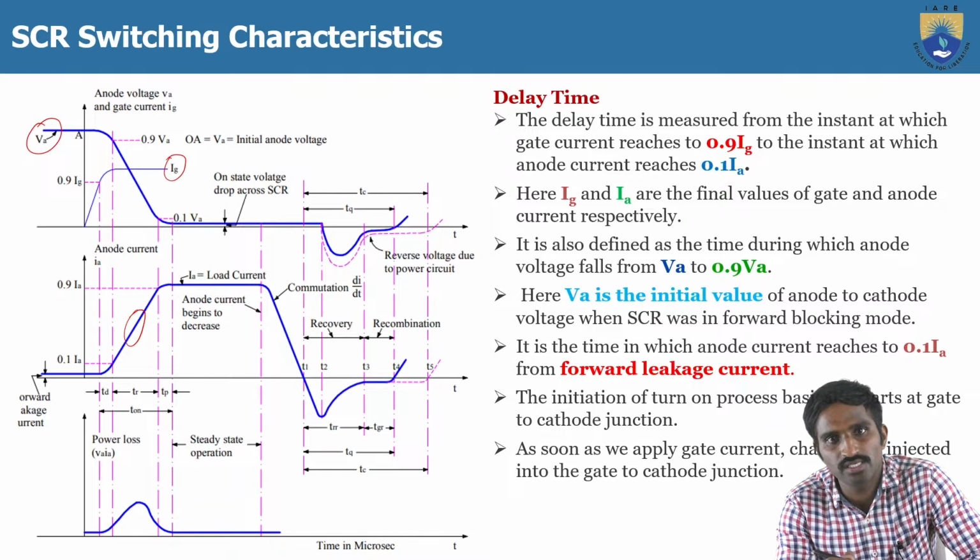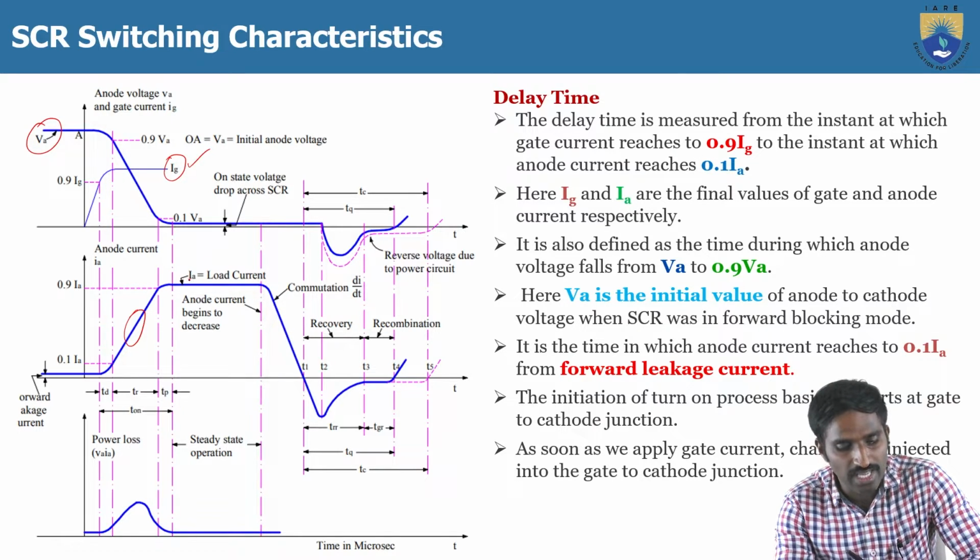If you want to turn on the thyristor, you must apply the forward biased voltage, VA, and you must give the gate signal, which means the gate current. There is a minimum gate current required to turn on the thyristor, and the gate current you apply must be above that minimum. That's why we have considered the gate current waveform also.